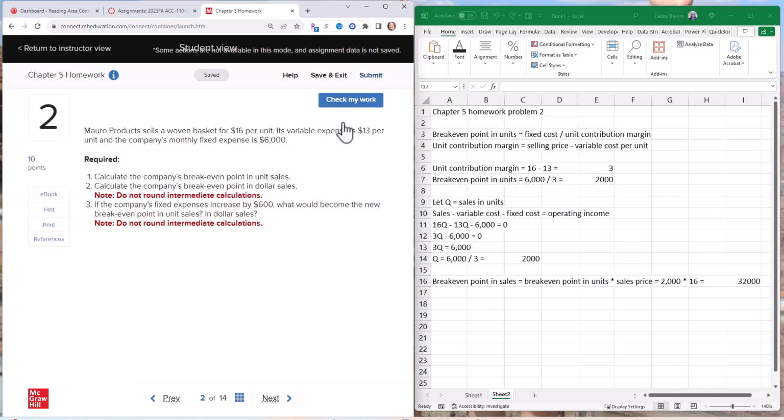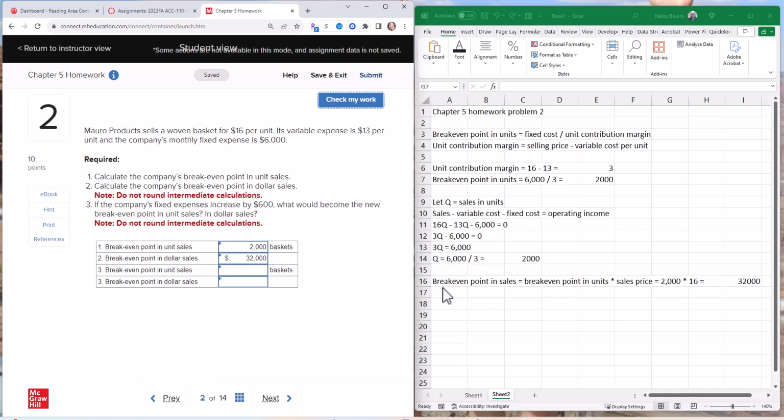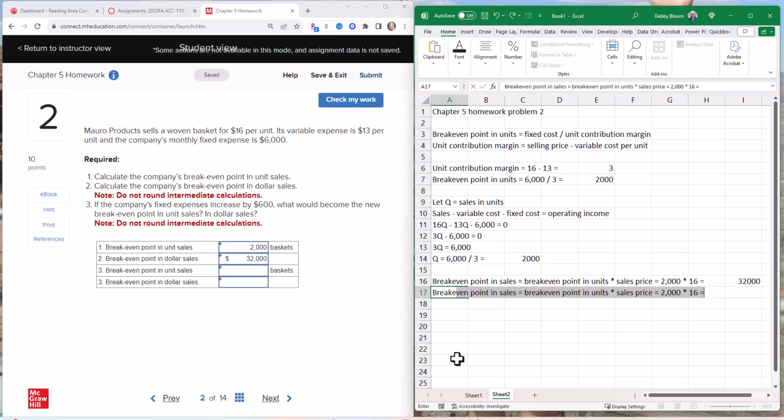Now another way to calculate that break-even point in sales dollars instead of in units is to take the fixed cost and divide it by the contribution margin percentage. Our contribution margin percentage is the contribution margin divided by the sales price.